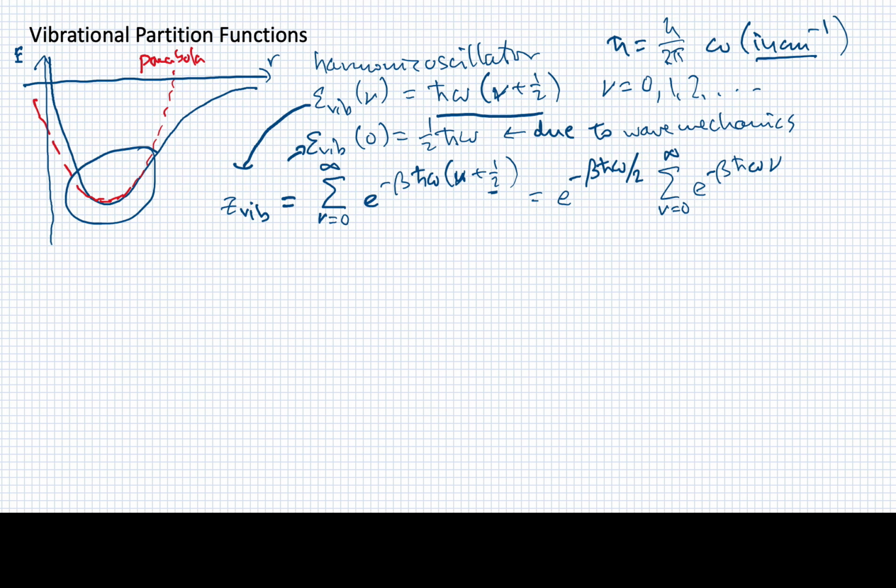Now, one of the things that I should observe about this is that beta, which is basically temperature and the Boltzmann constant, h bar, which is Planck's constant over 2 pi, and omega, all of these things are greater than 0. So that means if I have something that's e to the minus beta h bar omega times some positive number, this is going to be something that's greater than 0, but it's also less than 1.